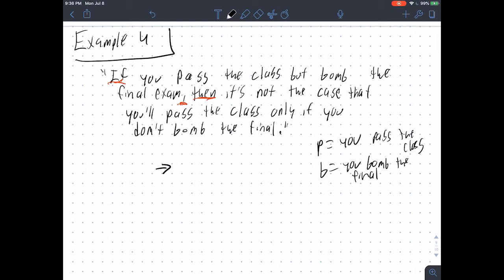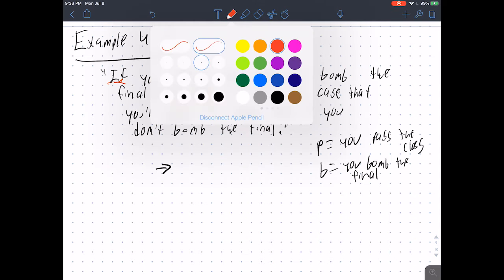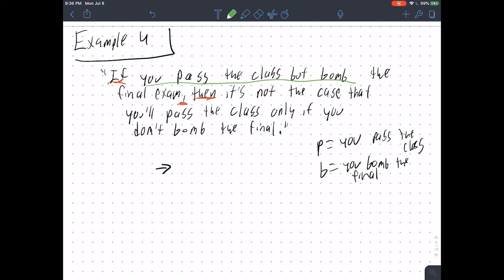The antecedent of that conditional is you pass the class but bomb the final exam. That's just a conjunction. The word "but" is a clue that we've got a conjunction going on. So the antecedent of our conditional is just the conjunction, P and B.